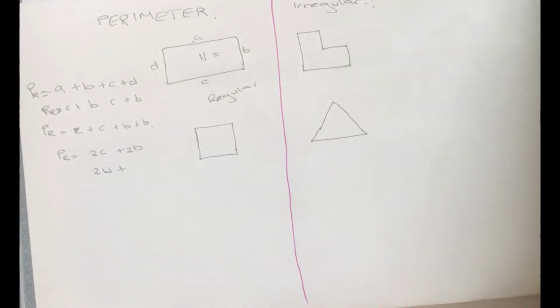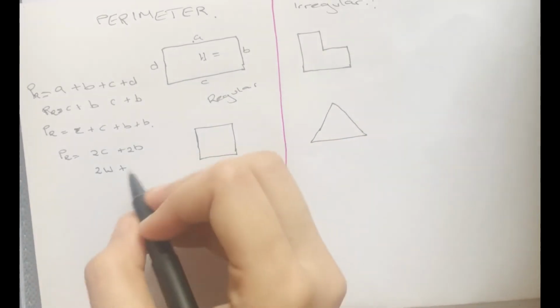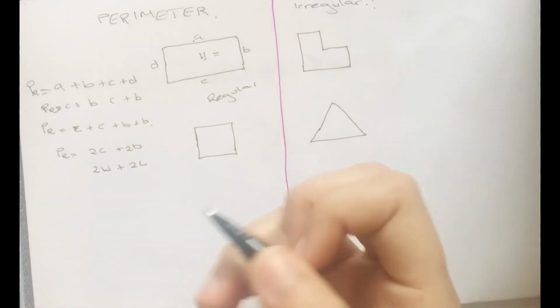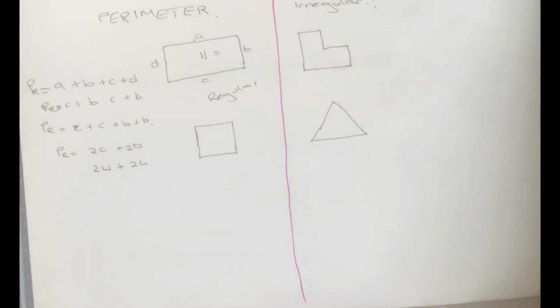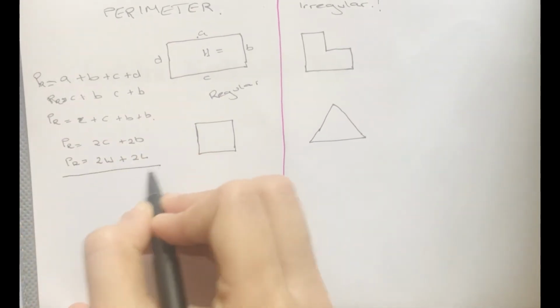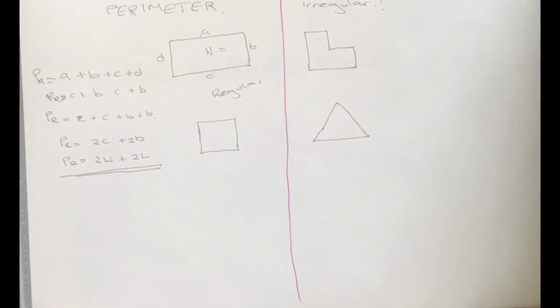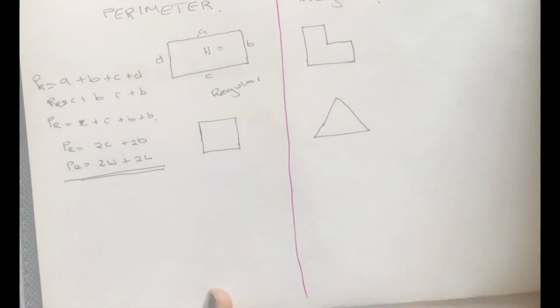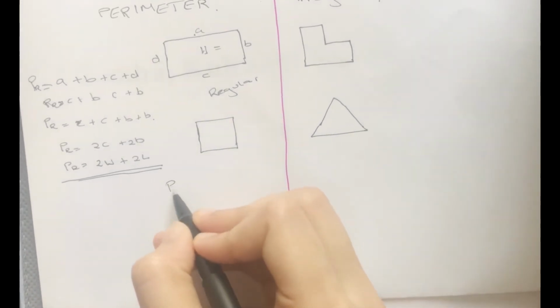And D and B are the length, so you can say plus 2L, instead of saying B. L stands for length. So perimeter of a rectangle is equal to 2W plus 2L. Isn't that simple? Isn't that easy? It is, right? Okay, now we go to the perimeter of a square.